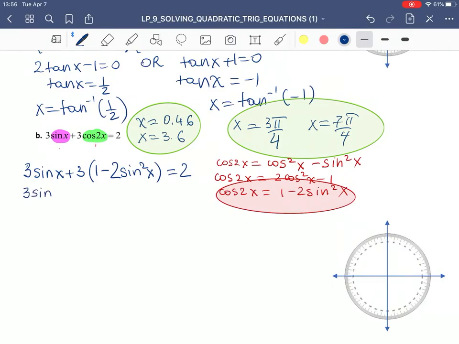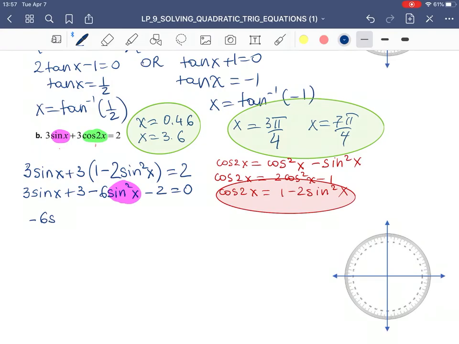We're okay with numbers. We're just simplifying now. So 3 sine x plus 3 minus 6 sine squared x. And why not bring 2 to the left side since we're here? Because we know we are dealing with a quadratic equation. And we're going to reorder the terms. So the first term would be the sine squared term.